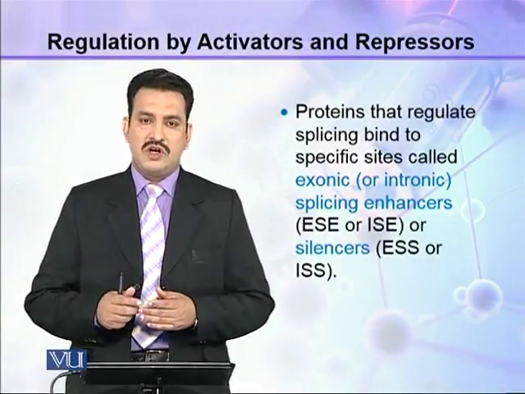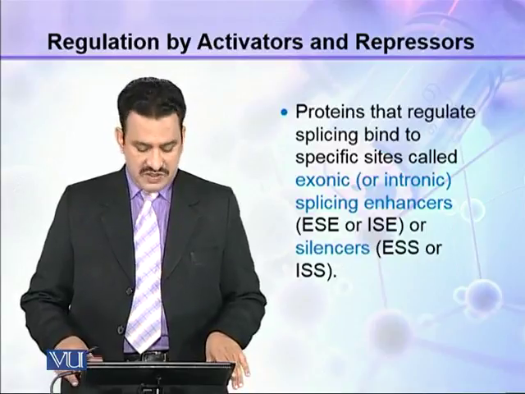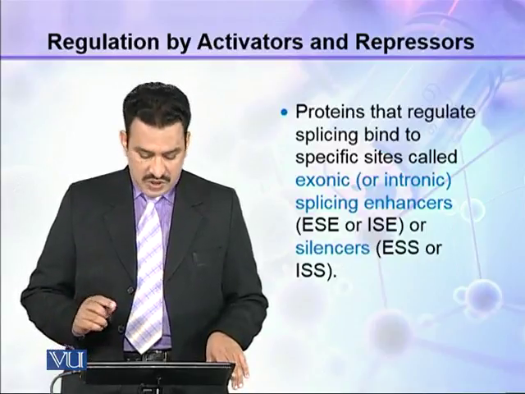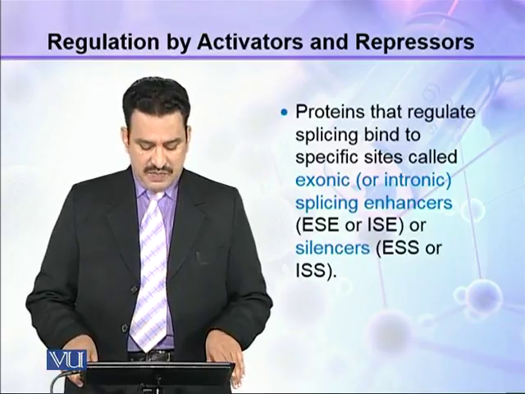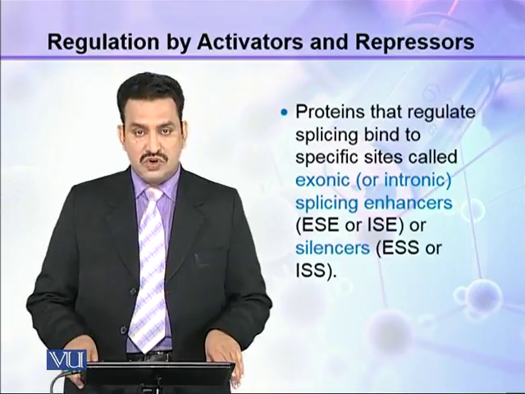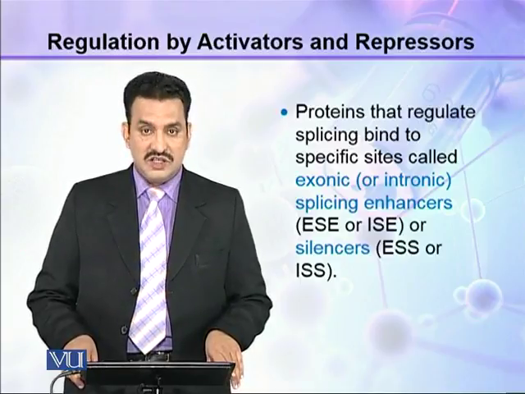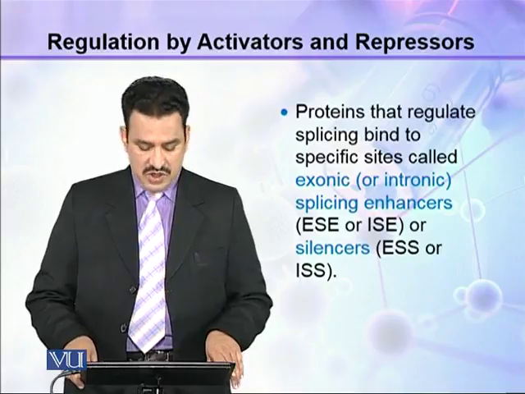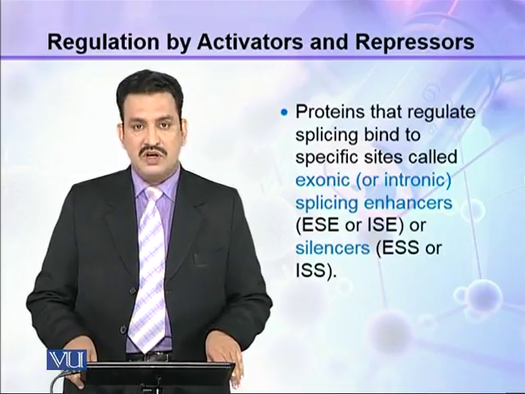Let us now see how splicing is regulated by different activators and repressors. Proteins that regulate splicing bind to specific sites called exonic or intronic splicing enhancers, that is ESE or ISE, or exonic or intronic silencers, that is ESS or ISS.